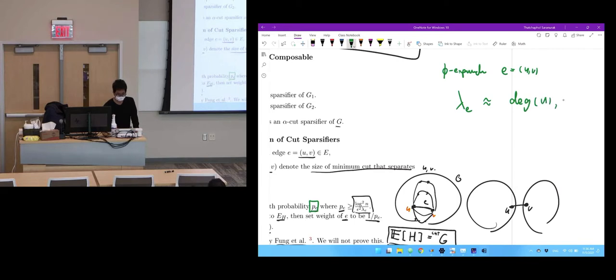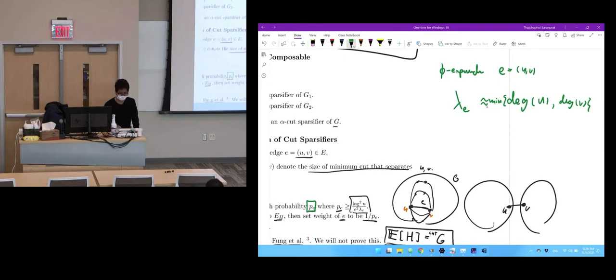The minimum of the degree of u and the degree of v, within a constant factor. So this is why lambda_e can be approximated so easily if the graph is an expander. Just compute the minimum degree between the two ends.